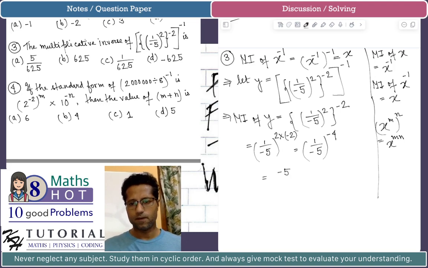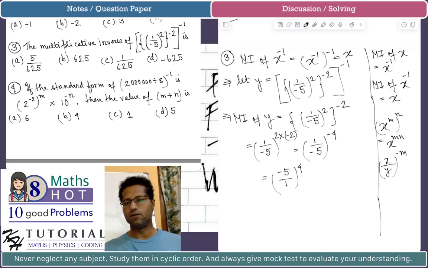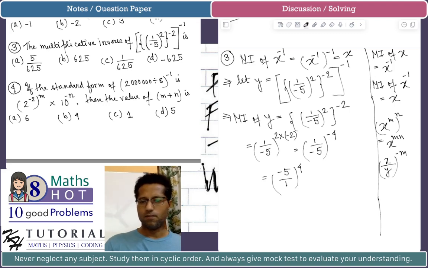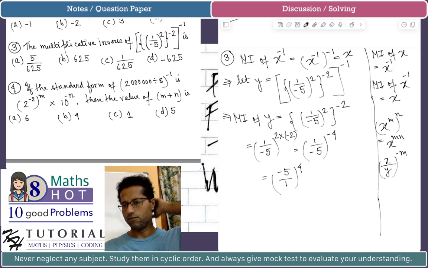Now this is equal to -5 by 1 raised to the power 4. This is a very crucial and widely used law of exponents: x by y raised to the power -m, where the power is some negative integer -m and m is a positive integer, and the base is a rational number of the form p by q.